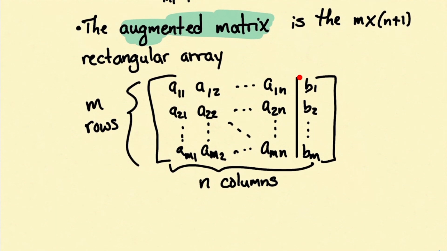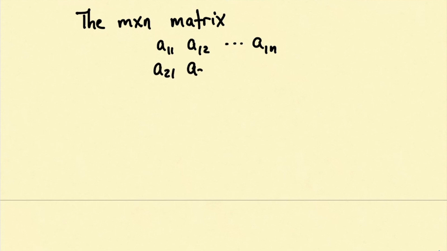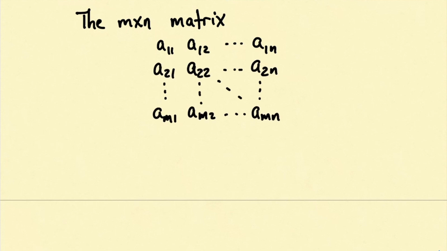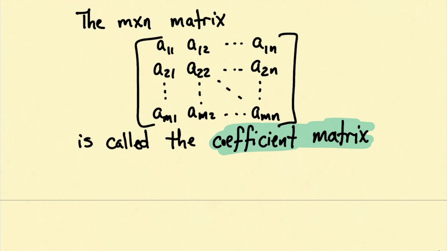The vertical line is simply a placeholder to keep track of where the equal signs used to be. The entries to the left of this vertical line, these A's, form an m by n matrix called the coefficient matrix, and the entries on the right, as I mentioned previously, are the augmentation.